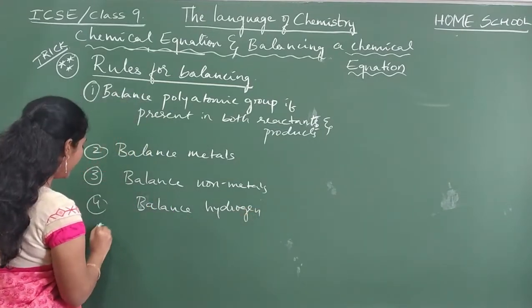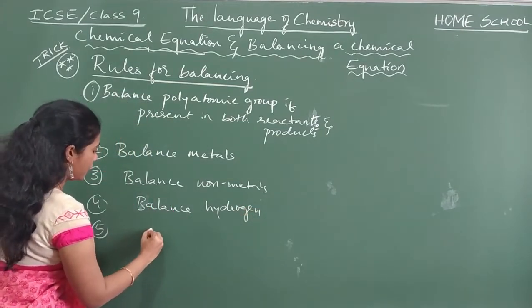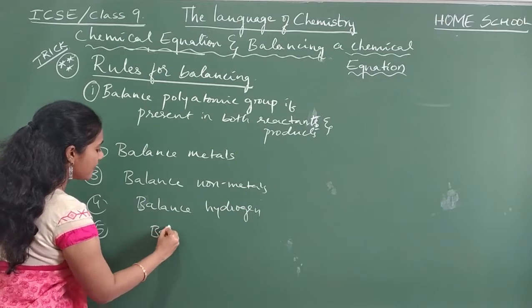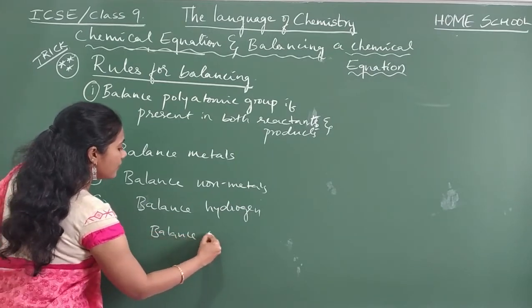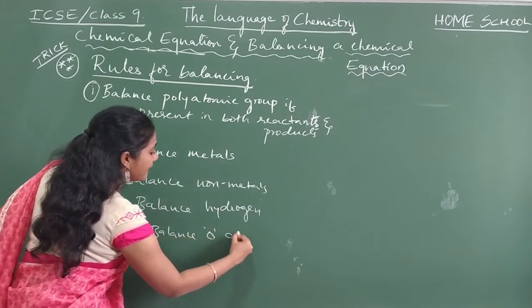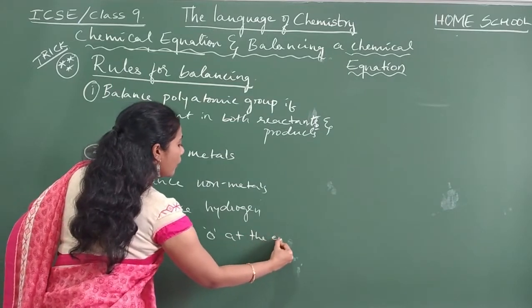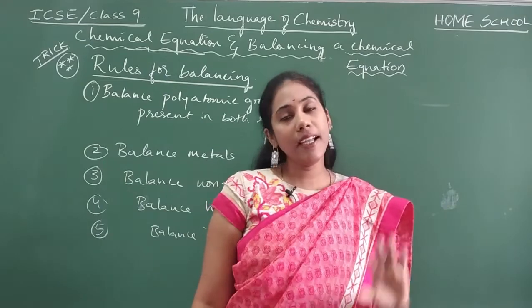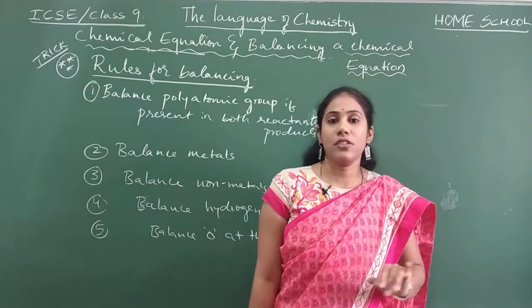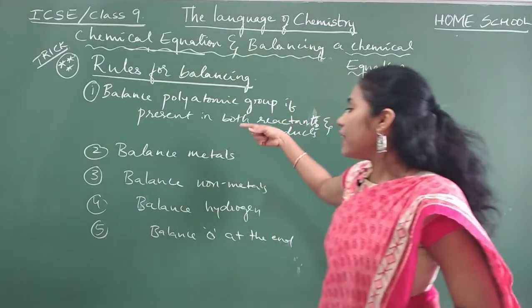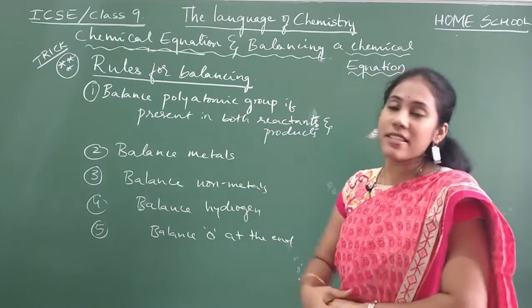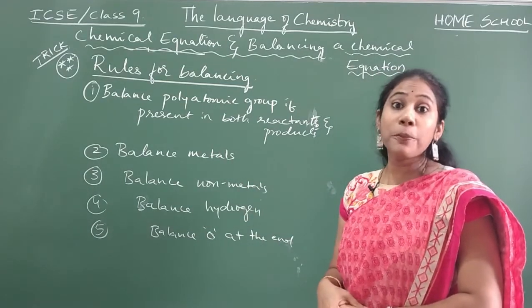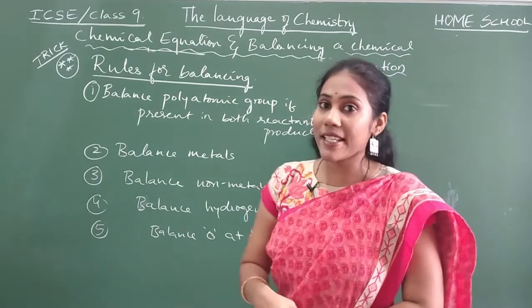And lastly, try to balance oxygen. Balance oxygen at the end. Always keep oxygen balancing for the end. Okay. Last you have to balance oxygen. Fine. So these are the 5 super points that you have to remember to balance any chemical equation easily.